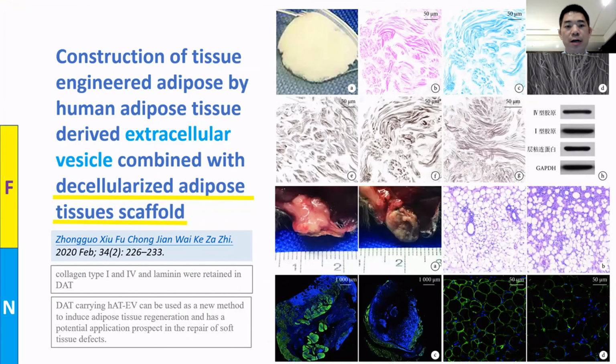Another combination type is adding biosignals into the scaffold. In this case, there is an extracellular vesicle from adipose tissue that will be added into a decellularized adipose tissue scaffold for tissue engineering purposes.